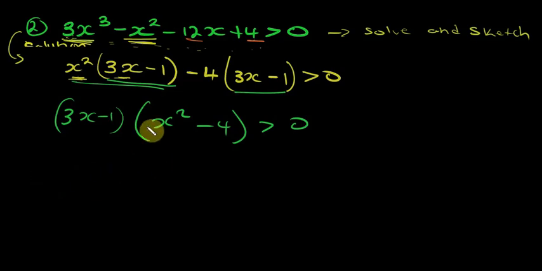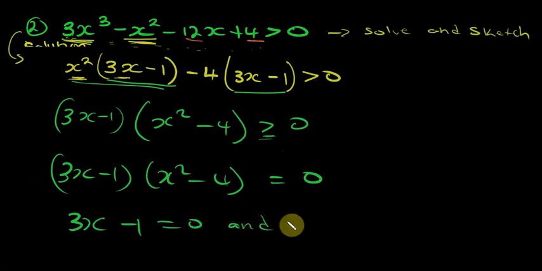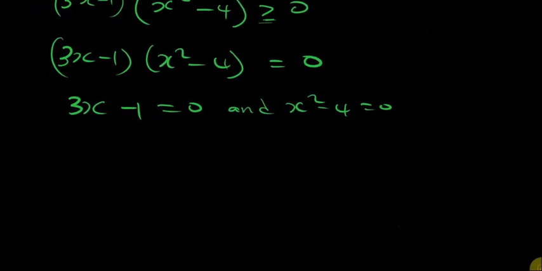Alright, from here, since we are factorizing, we don't have to use the inequality condition as of yet, so we can just get the zeros using the normal equal sign. So from here we are able to say 3x minus 1 is equal to 0 and x squared minus 4 is equal to 0. We covered why we're able to do that in the previous video.